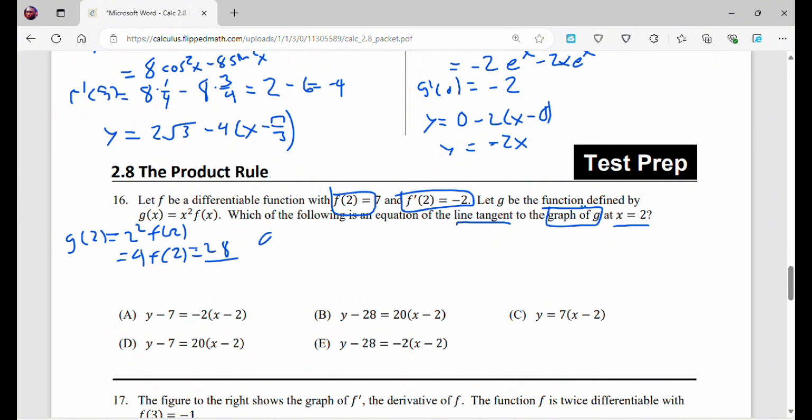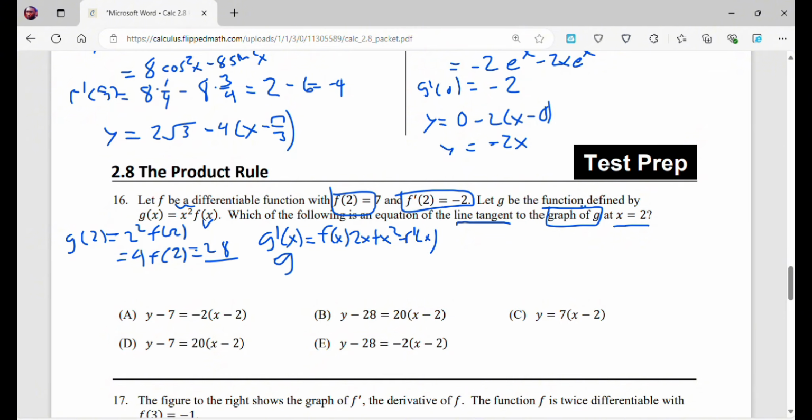Next we have g prime of x. So f is going to be v, x squared is going to be u. So v u prime plus u v prime.